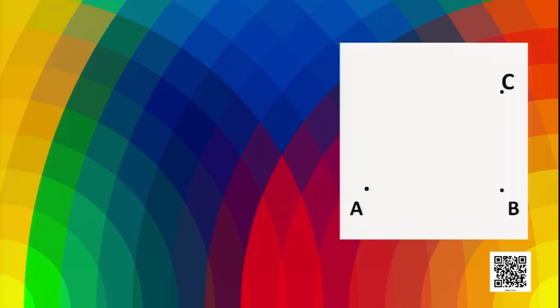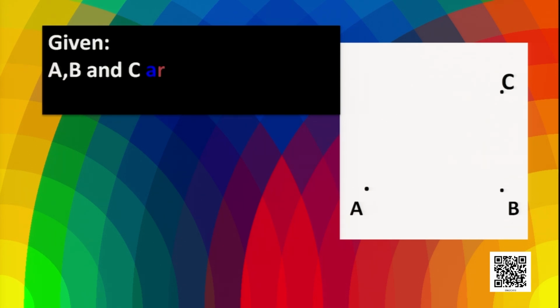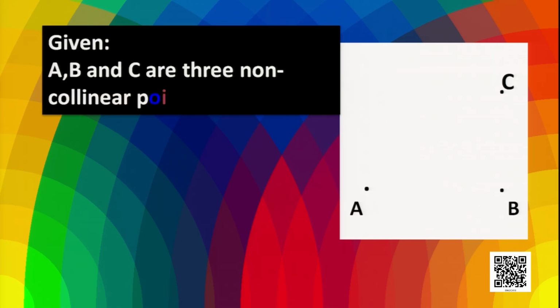Let's see. We have taken here 3 points A, B and C which are not on the same line, meaning 3 non-collinear points. So in the given statement, A, B and C are 3 non-collinear points.